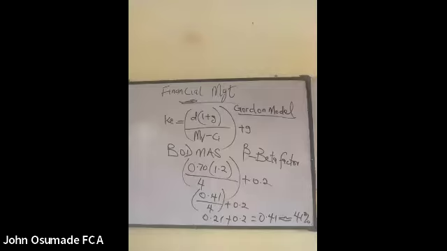Then we are going to calculate the beta coefficient. For this we use historical analysis. The historical analysis of the price of the shares in the market to get the beta coefficient.